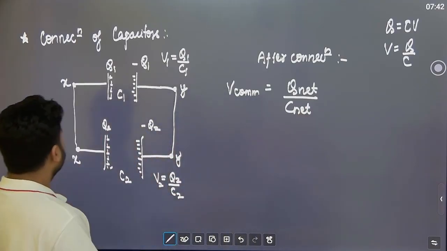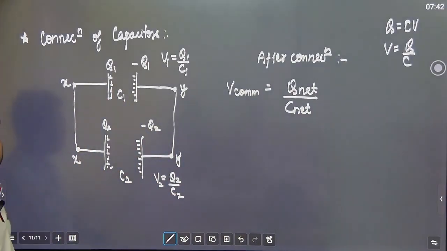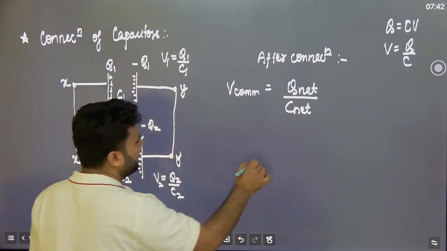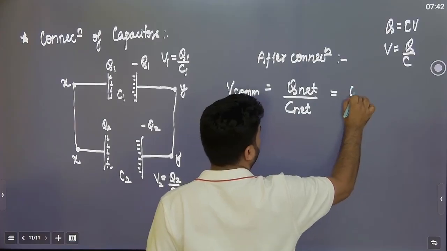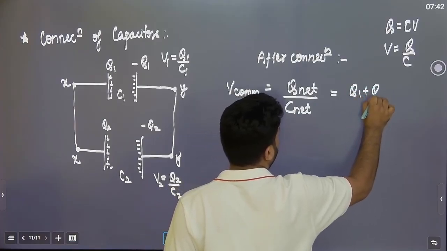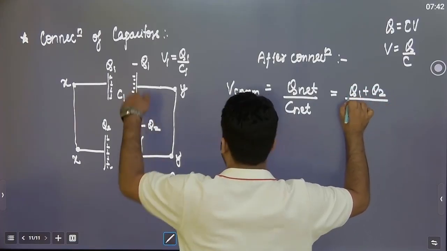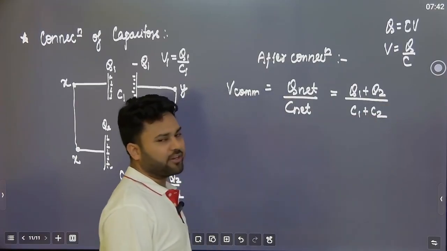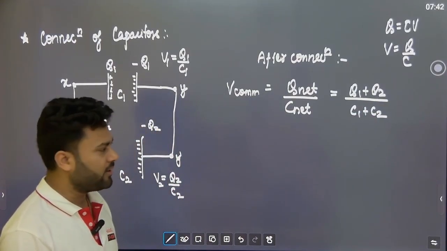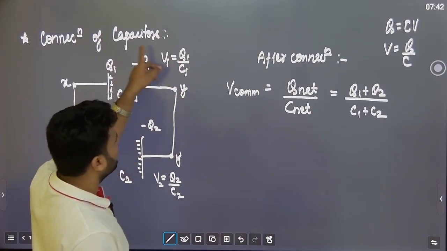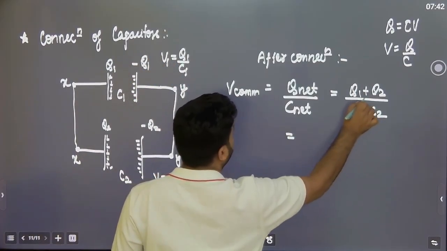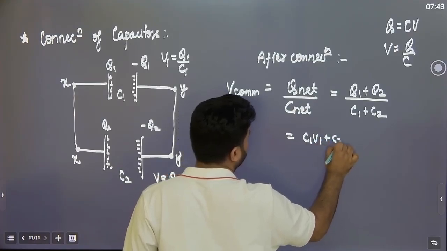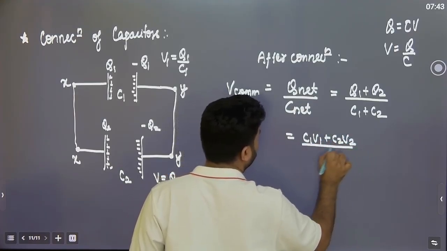Now, if they are connecting positive with positive and negative with negative, Q net you write Q1 plus Q2, and C net, because they are in parallel, C1 plus C2. This is the common potential. Q1 you can write as C1 V1. So V common equals (C1 V1 plus C2 V2) divided by (C1 plus C2).